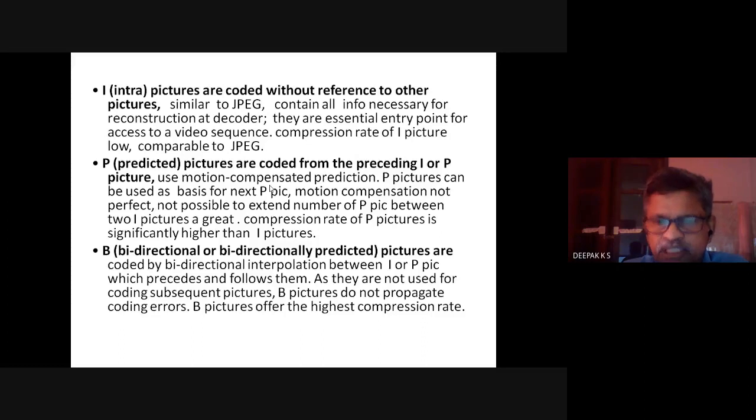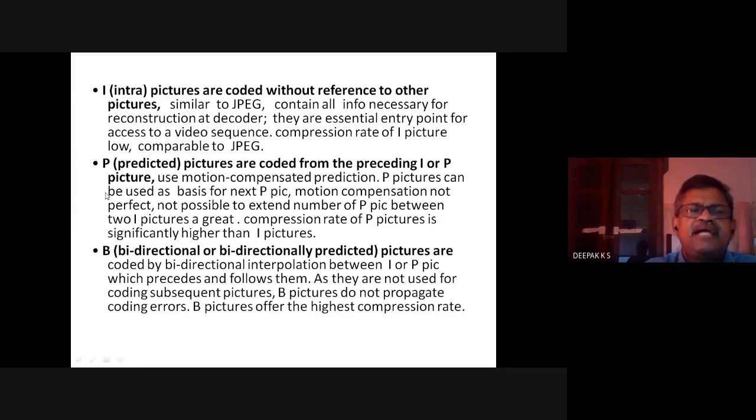So if a person is moving, the background would be there, only that person, that much of area would be moving. In all other frames, it would be the same. Actually, in 1 second, you are showing 50 such frames. So there is a lot of redundancy. So only that motion, that movement, you have to capture.